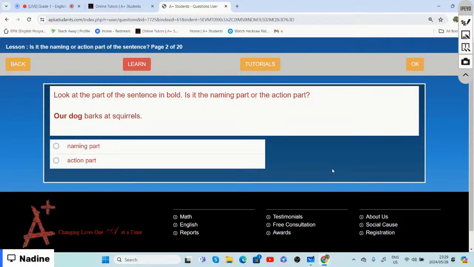Our dog barks at squirrels. We need to say if that is a naming part or an action part. So our dog, is that a naming part or an action part?